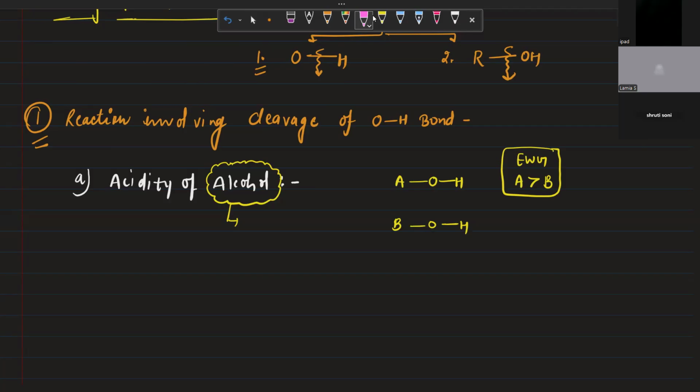Wait, sorry. Between AOH and BOH? Yeah. What did you write in E double? What is that? That is electron withdrawing group. Electron withdrawing means there are two types of group: one is electron donating and one is electron withdrawing.